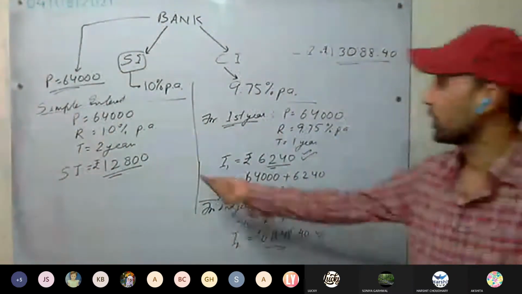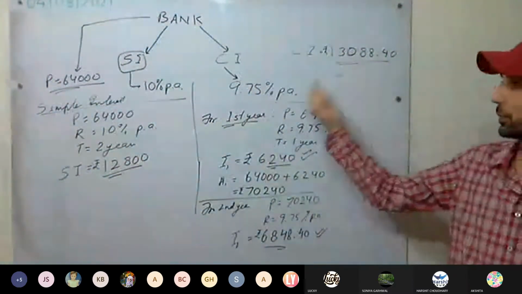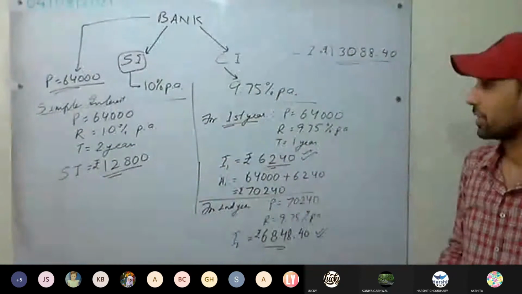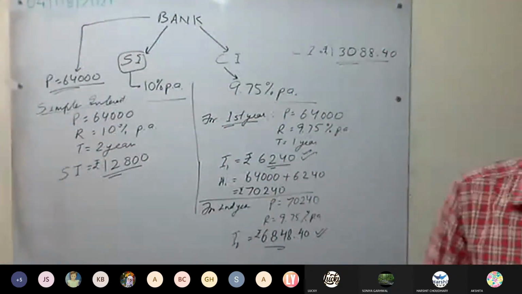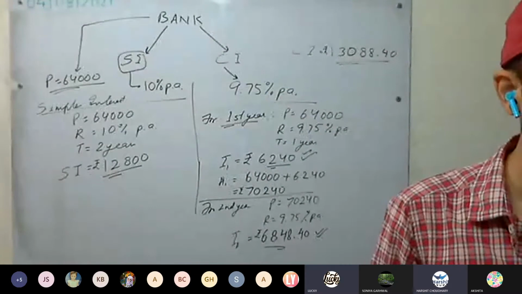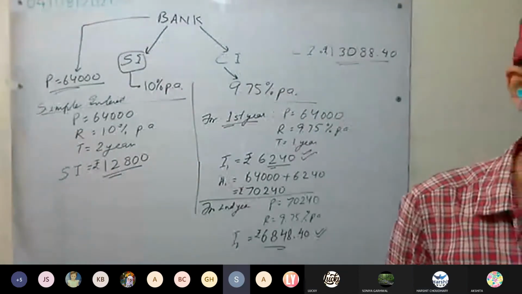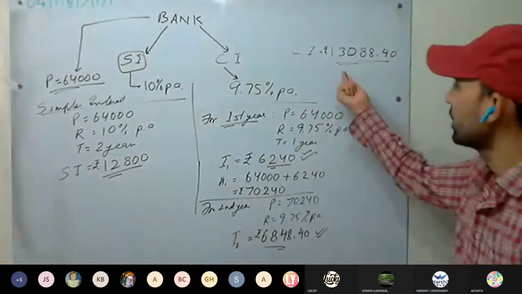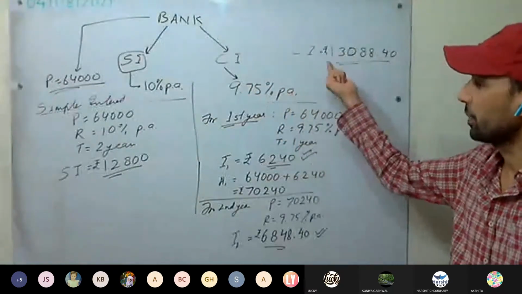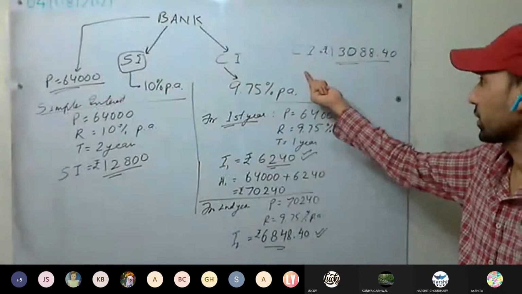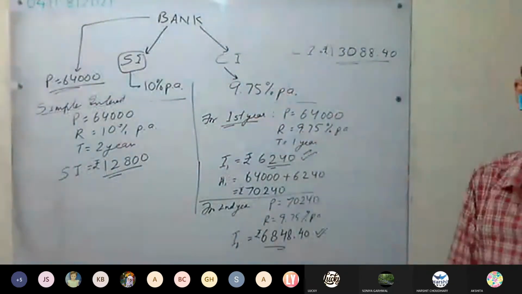So which scheme will bring more money to you if you are investing 64,000? Whether the simple interest or the compound interest? Compound interest. If you are investing at compound interest 9.75% per annum, you will get more money in return. And by how much?